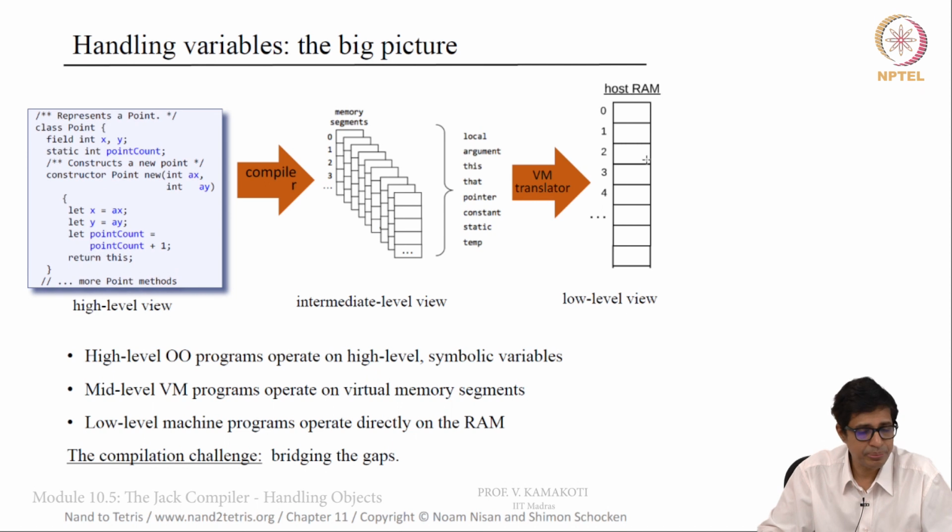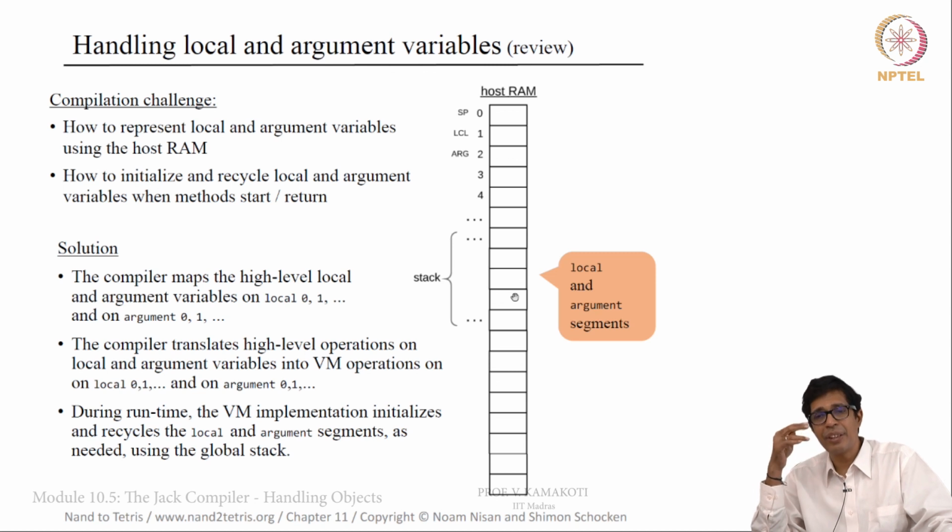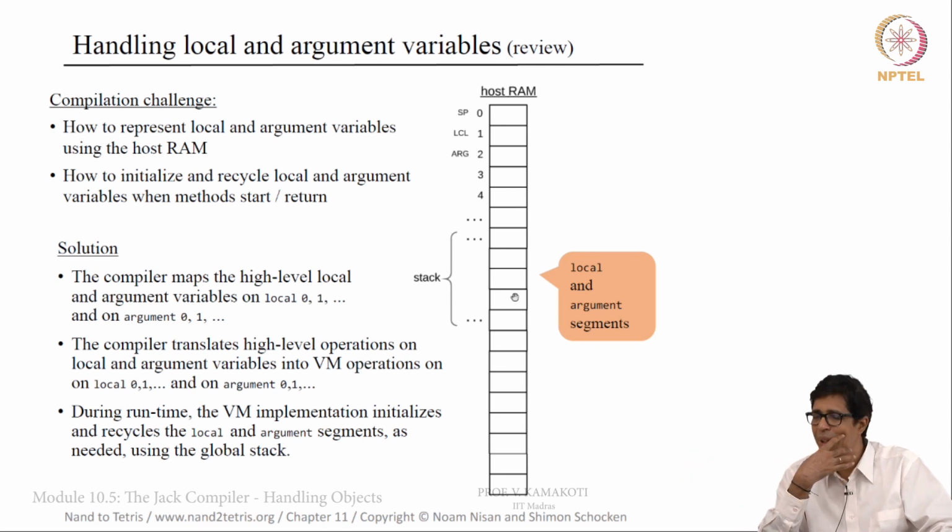Now, let us see how these things work. On the stack, as we have seen, the local and argument variables are always on the stack. And why is it necessary? Because when I move from one subroutine to another subroutine, the local and argument of one subroutine should be stored, and the next local and argument have to come.